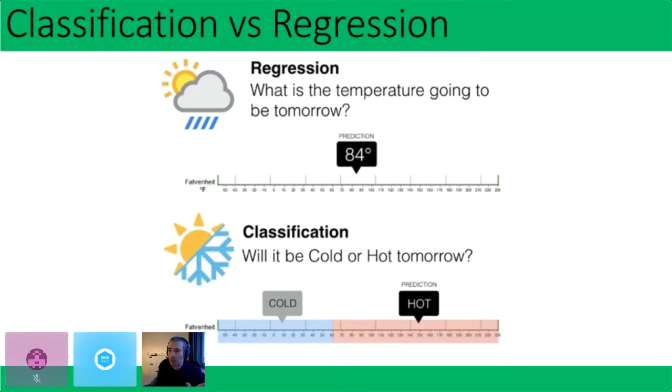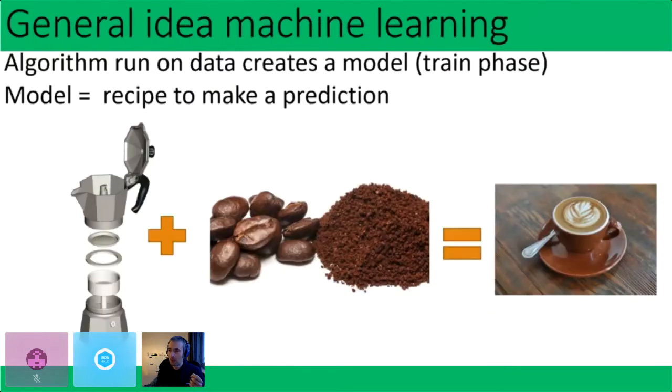And now, what can we do with an algorithm? We can use the algorithm and data to create a model, and the model makes a prediction. It's a recipe to make a prediction.